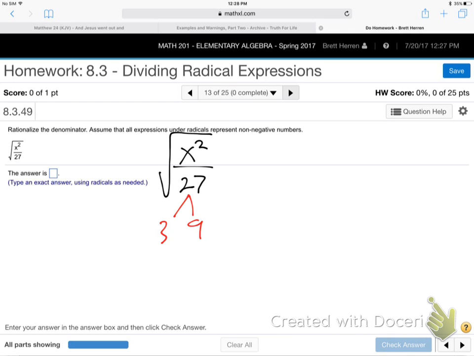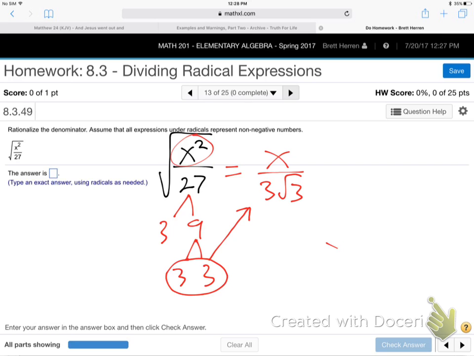So 27 is 3 times 9. The 9's 3 times 3. So breaking down that 27, 3, 3, 3. So 2 3's in, 1 3 out. And on the top, 2x is in, 1x out.